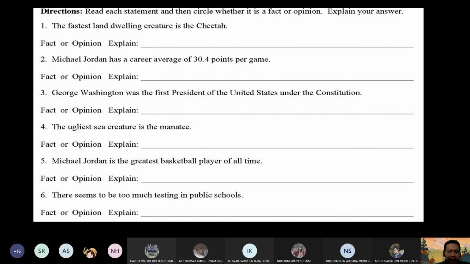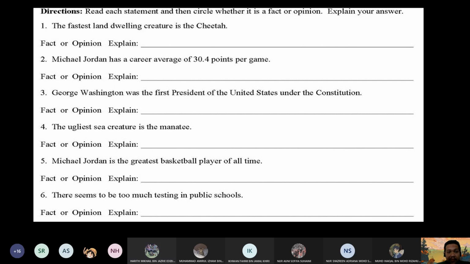You can write, or read and memorize your answer. Number 1, the fastest land-dwelling creature is the cheetah. Fact or opinion?